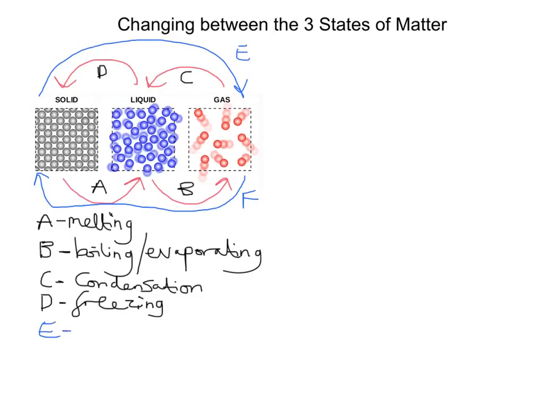Process E, when we go from a solid to gas, is one known as sublimation. So through sublimation we can actually turn a solid directly into gas. And F is one even more infrequently spoken about in school, when we go from a gas to a solid directly. And that is called deposition.